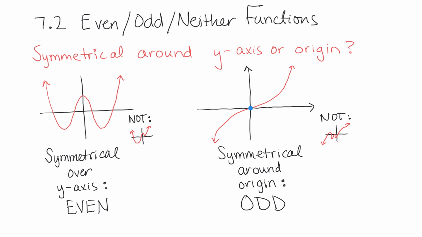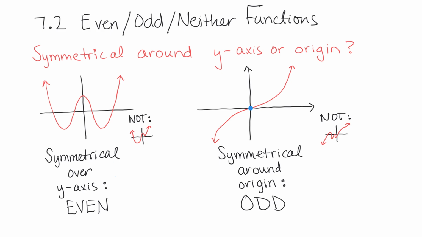Now, try not to focus on the fact that the end behaviors go up on both, because look, this one right here, the ends go up as well, but if I look at that graph, it is not symmetrical over the y-axis. So this one, even though the degree would be even, the function would not be even.